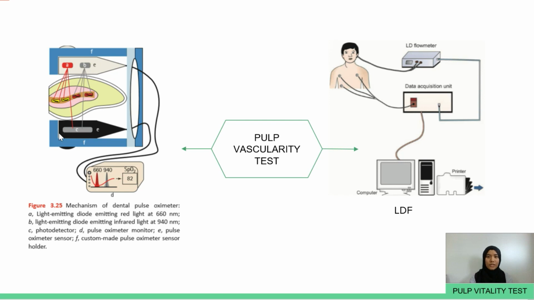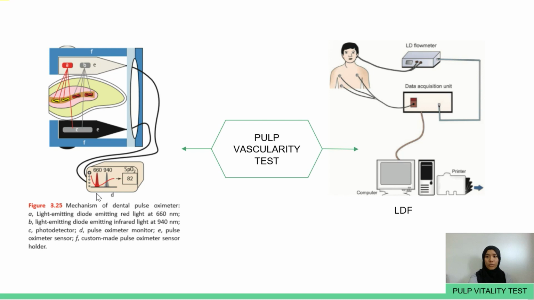The light emitting diodes emit both red and infrared light through a vascular bed, and oxygenated and deoxygenated hemoglobin absorb different amounts of red and infrared light. This absorption is analyzed by the pulse oximeter to determine the saturation of the arterial blood.